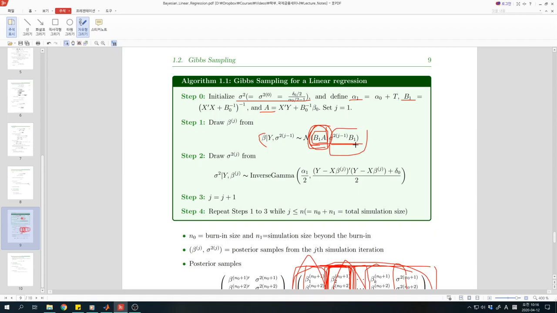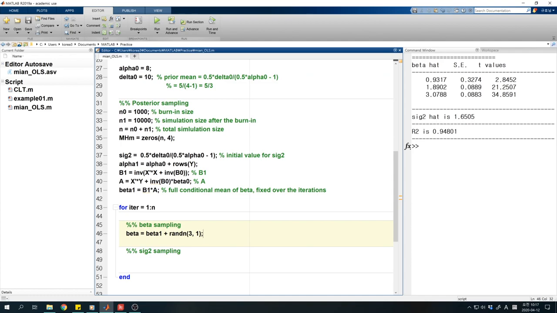The variance covariance is here. If this were a scalar, we would have to multiply by the square root of this value, right? But this is a matrix. The square root of a matrix is given by the Cholesky decomposition. So chol of sigma squared times B1, times randn 3,1.